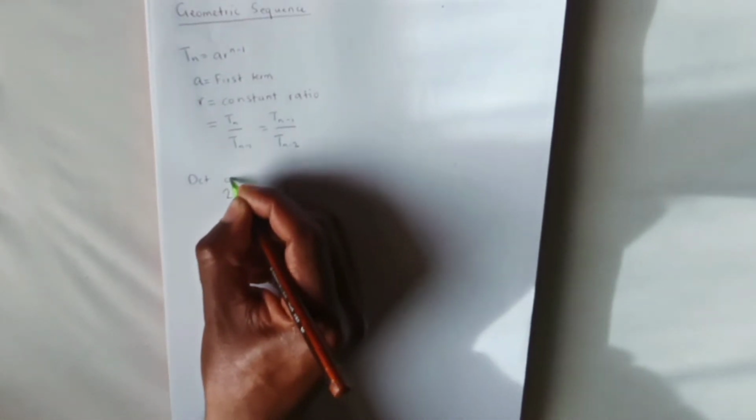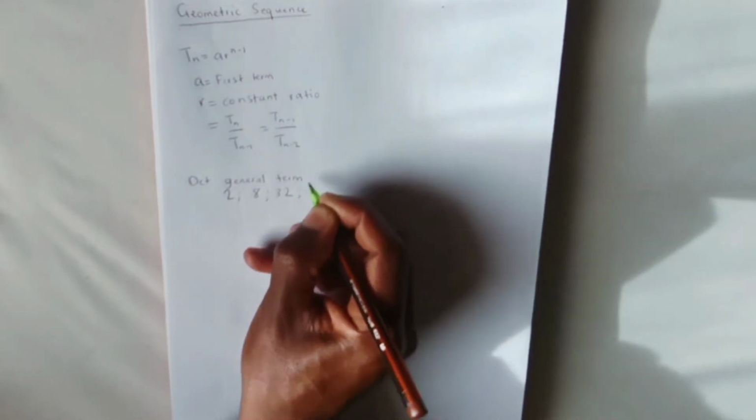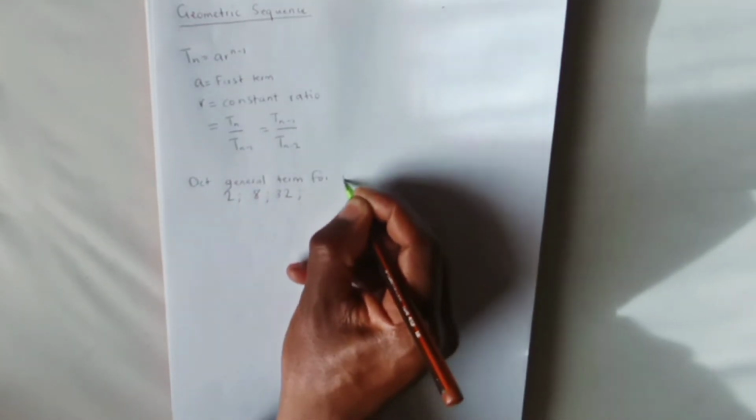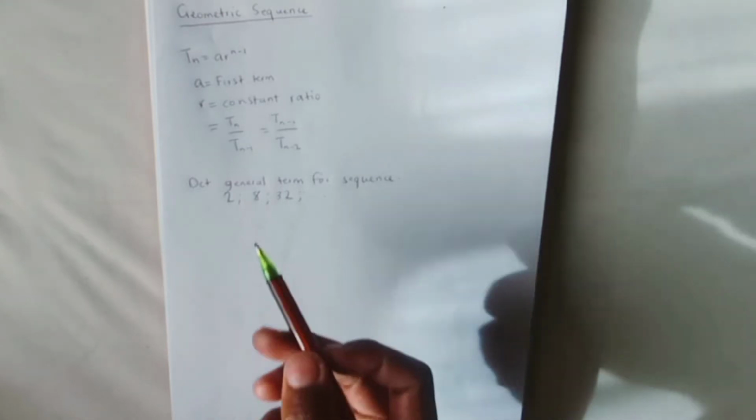Now we're supposed to determine the general term for this sequence. Whereas in the arithmetic sequence we started by determining the constant difference, here we're going to use the formula for the constant ratio to determine the r.